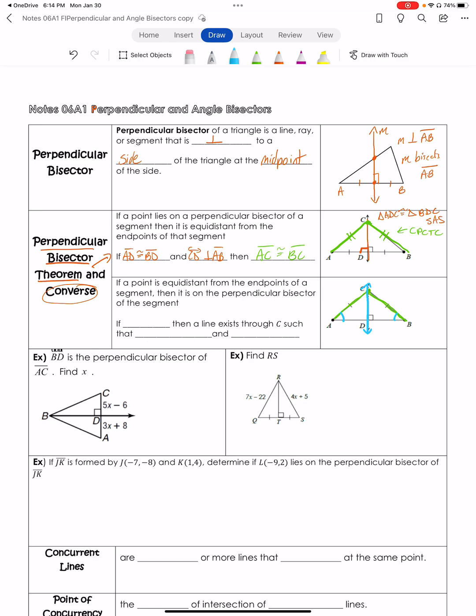So if AC is congruent to BC, then a line exists through C such that AD is congruent to BD, and CD is perpendicular to AB.